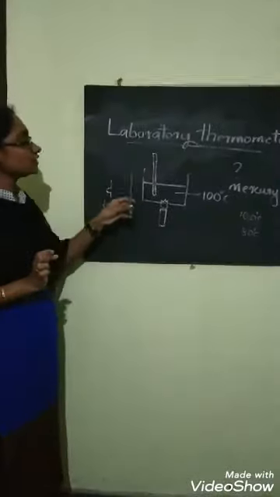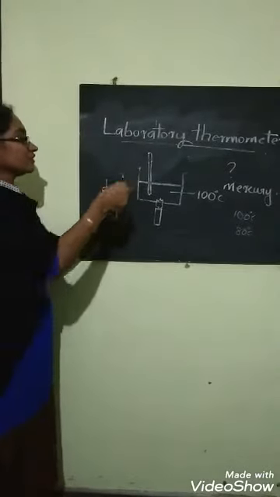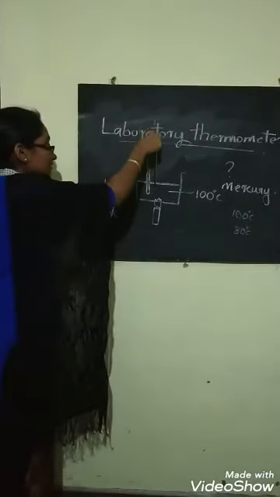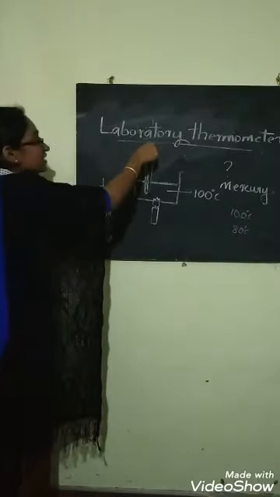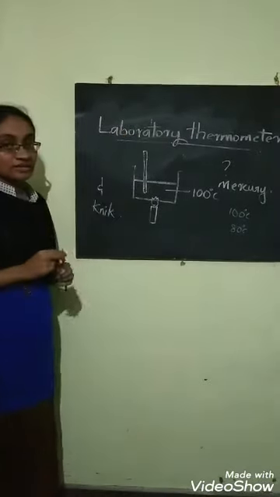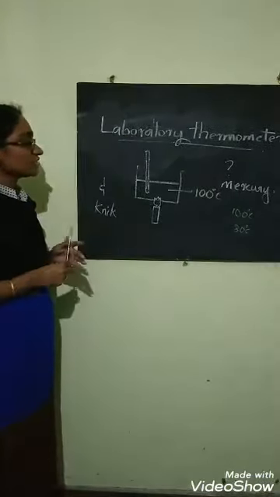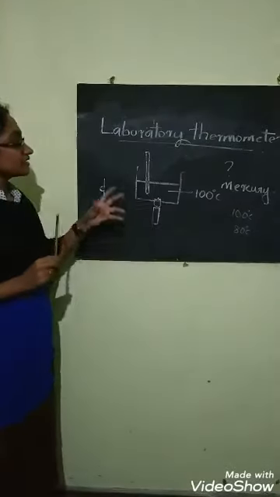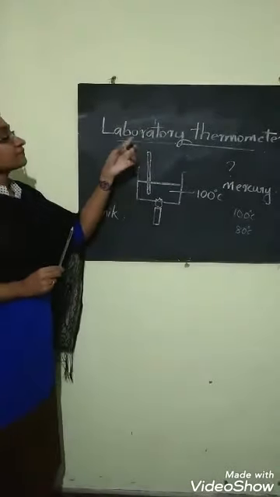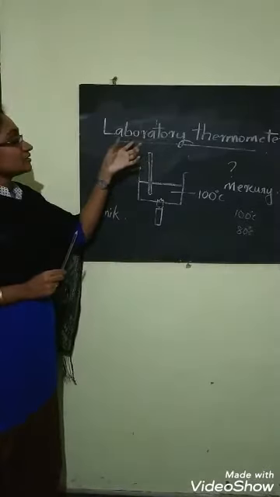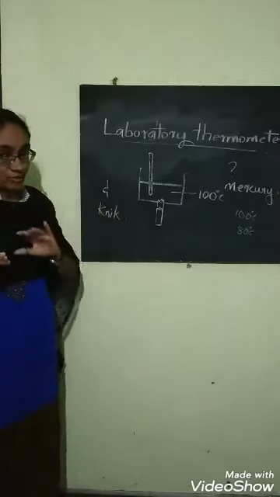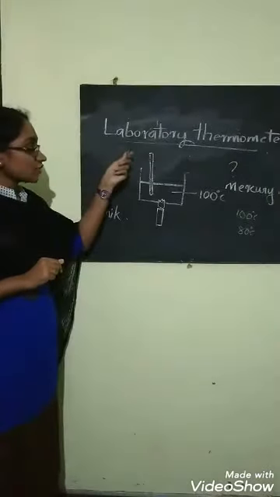So if we want to take the reading, we have to keep this thermometer inside the water and take the reading. This is the method of taking measurements using a laboratory thermometer. This laboratory thermometer is available in our laboratory and we will show it from your school. This is the first thing.